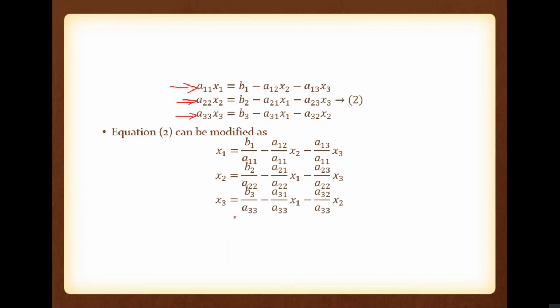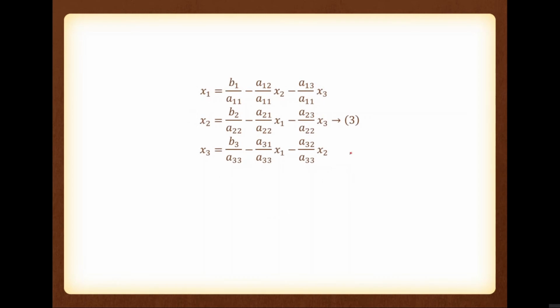So we have x3 is equal to b3 divided by a33 minus a31 divided by a33 into x1 minus a32 divided by a33 into x2. We can label it as equation number 3. Note down this set of equation number 3. This is the modified equation, right?